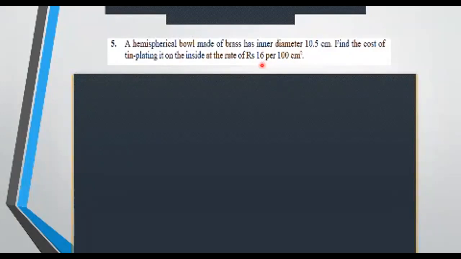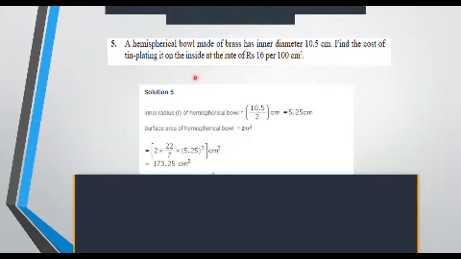So be careful, because it is per 100 centimeters square. Yes, 173.25. Surface area of a hemispherical bowl.